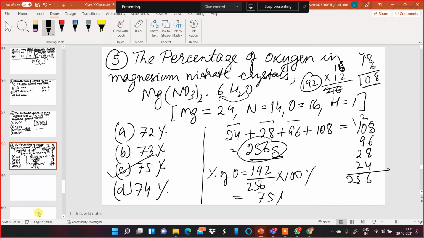This is one very important question. Don't get surprised if this question comes up. With this question, we come to the end of today's question answers from this chapter, mole concept and stoichiometry. I will take one more class from this chapter, because this many questions are not sufficient.